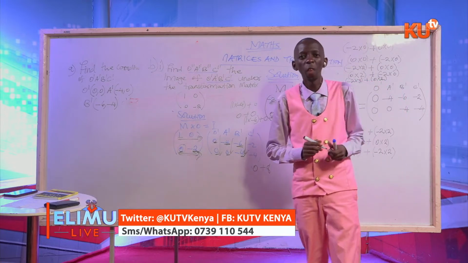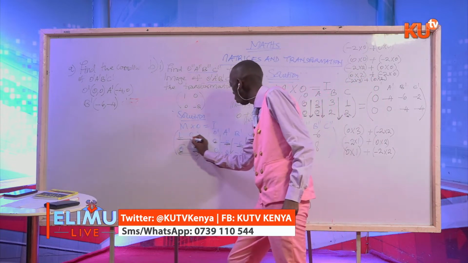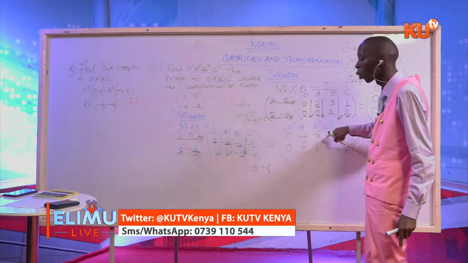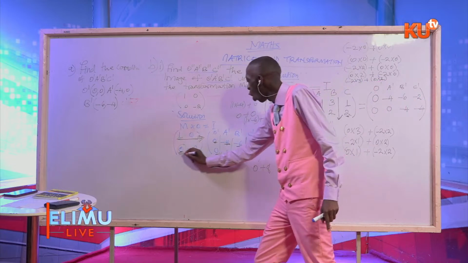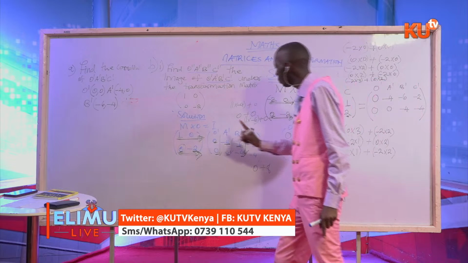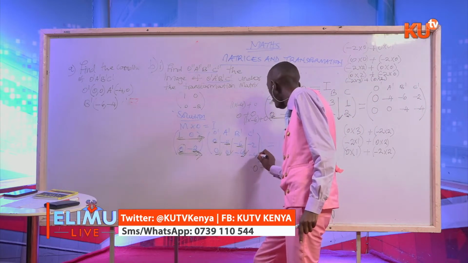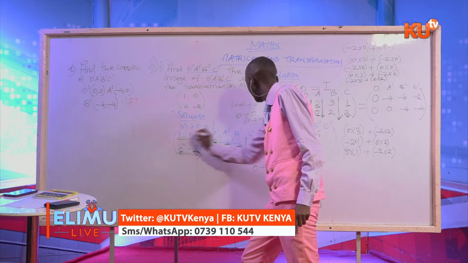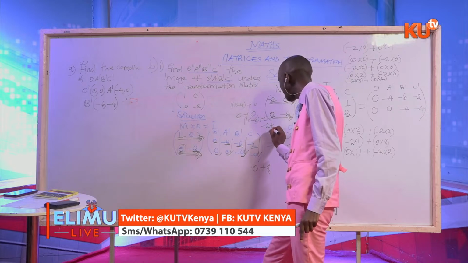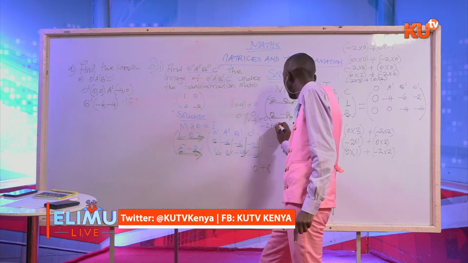We go to the C double prime. Again, the first row gives us the digits of the first row here. The second row gives us the digits of the second row here. So we go to the first row, fourth column. 1 times negative 2 is negative 2 plus 0 times negative 4, which is 0.